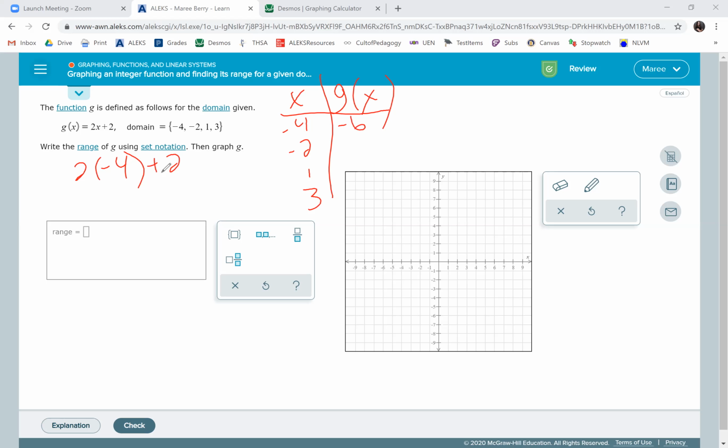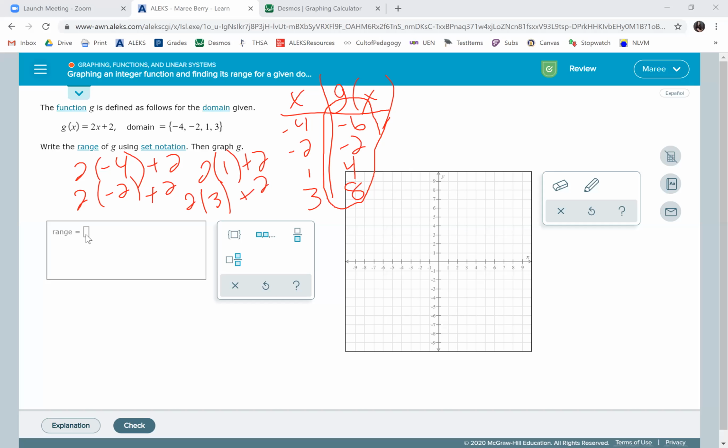And then we're going to plug in -2. 2 times -2 is -4, plus 2 is -2. And then we plug in 1, so we have 2 times 1 plus 2 is 4. And then we plug in a 3, so 2 times 3 is 6, plus 2 is 8. Those 4 numbers right here, that is what we list for our range.